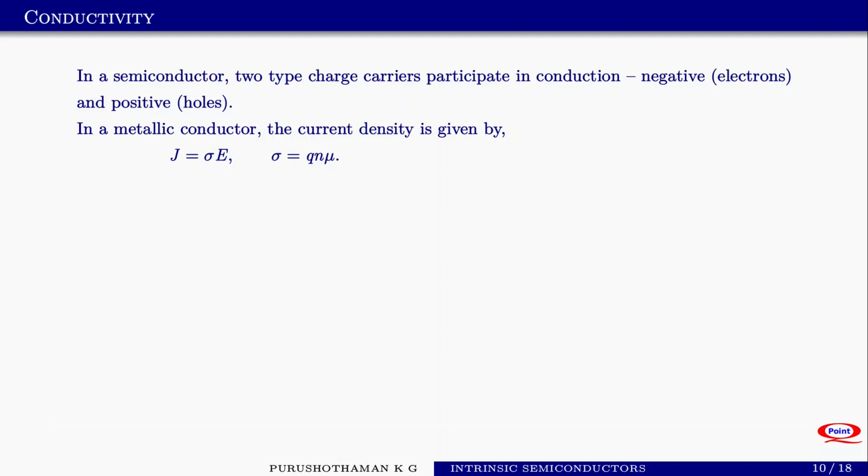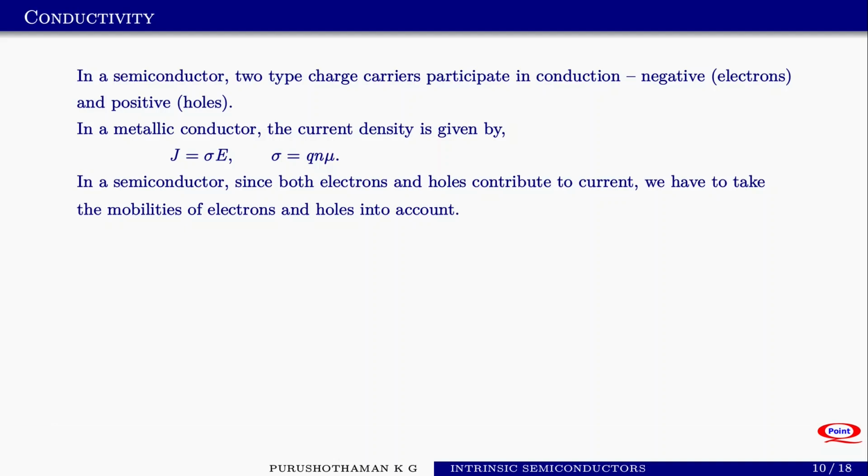We observed this fact in the first lecture. In a semiconductor, since both electrons and holes contribute to current, we have to take the mobilities of electrons and holes into account. Electrons have higher mobility than holes. Why do electrons have higher mobility than holes? We will discuss that later.